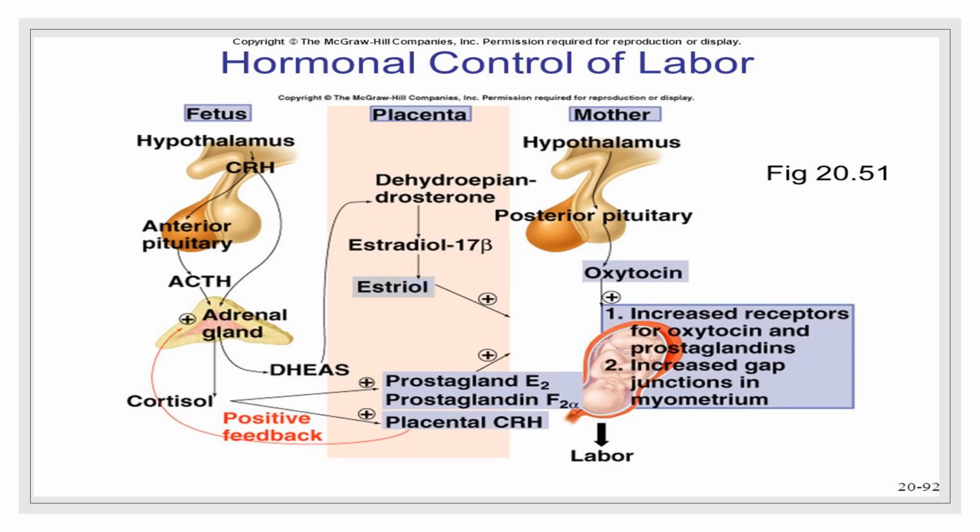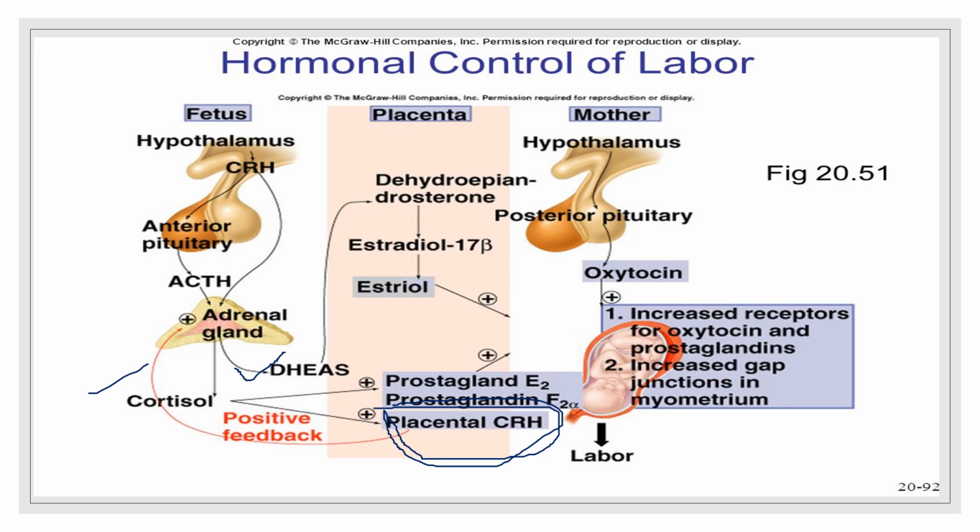It is seen that from 35 weeks of gestation, there is increased secretion of placental CRH, corticotropin releasing hormone. This plays a very vital role. This placental CRH will increase the cortisol level and dehydroepiandrosterone sulfate level in the fetus.